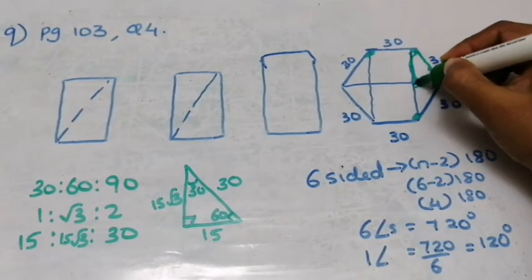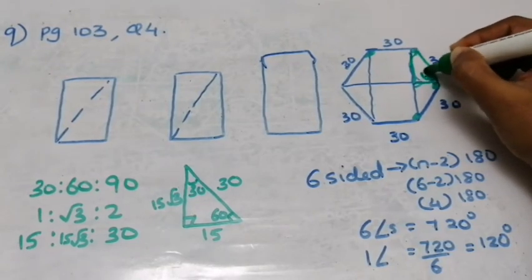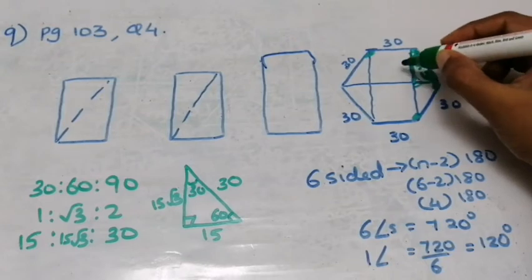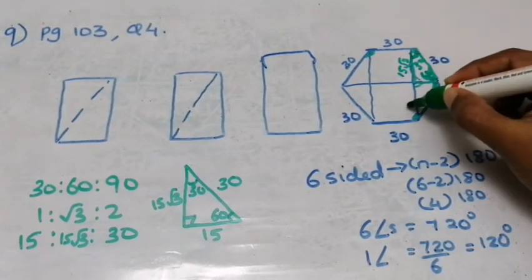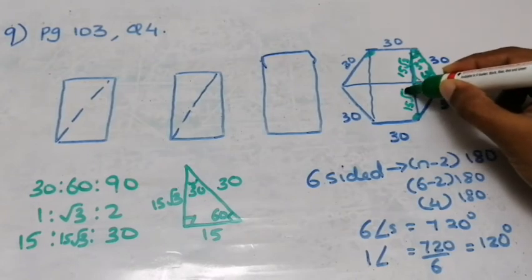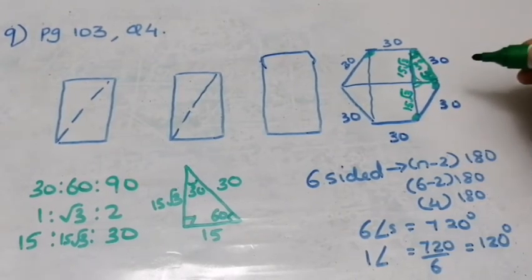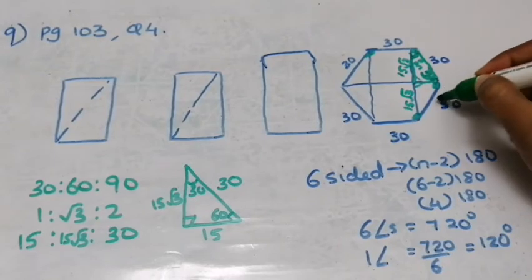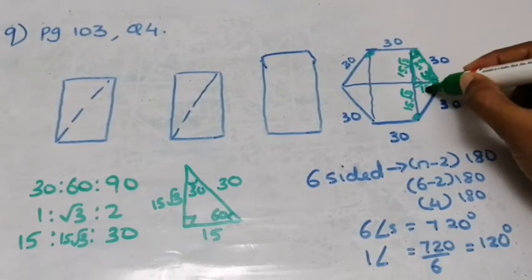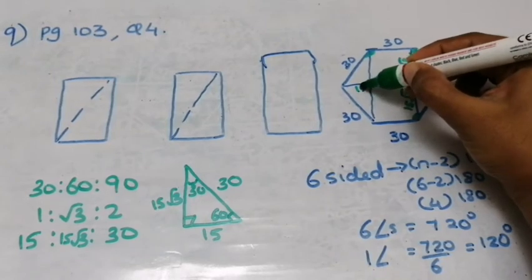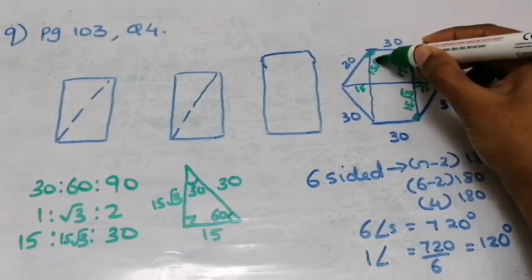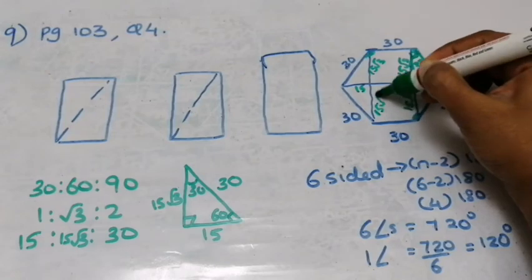So yeah, this part is 60 and this part is 30. So here this side will be 15 root 3. Then how much will this side be? This side also will be 15 root 3. This side is 30, then this side will be 15. Here it will be 15, here it will be 15 root 3, here it will be 15 root 3.